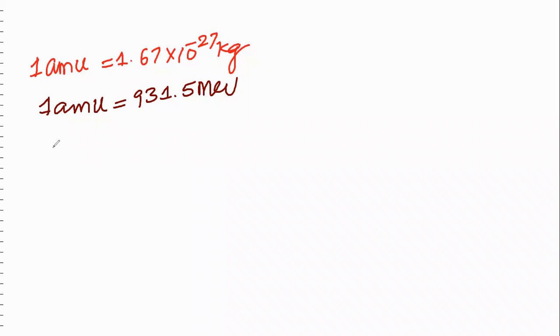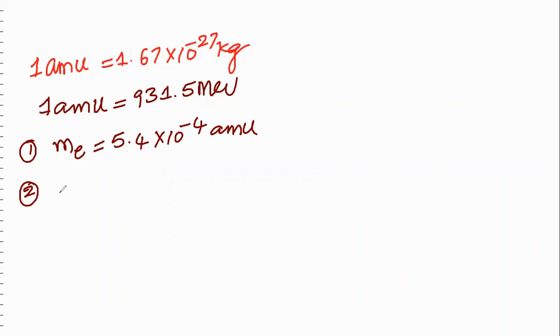So we can express the mass of the electron in terms of the atomic mass unit. 5.4 into 10 power minus 4 AMU. This is the mass of the electron.